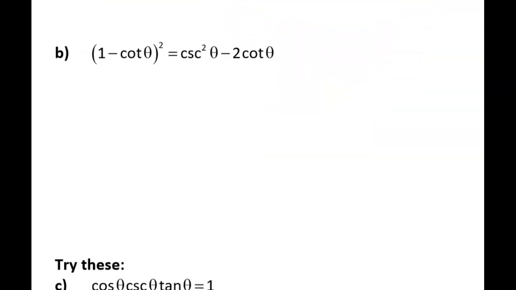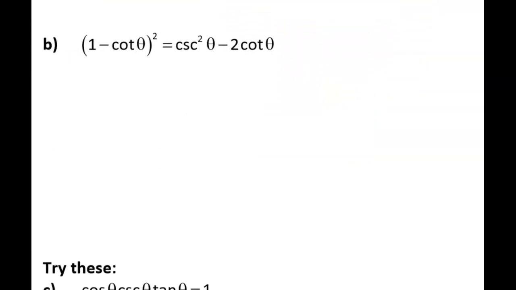All right, let's try another one. In B, we have 1 minus cotangent squared of theta is equal to cosecant squared of theta minus 2 cotangent of theta. So we are going to start with 1 minus cotangent of theta squared equal to itself. So let's work on that right side.